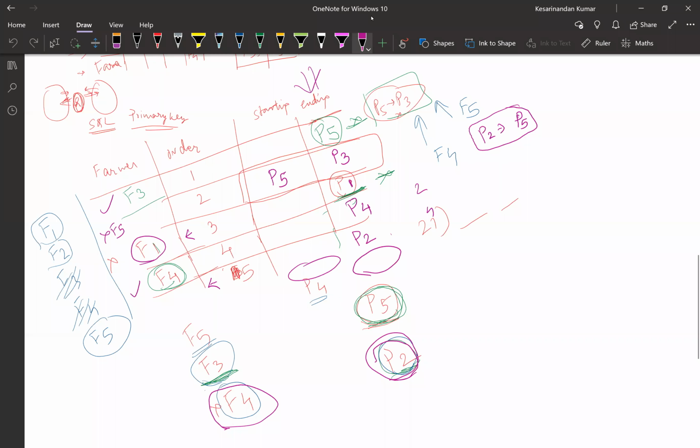P3 to P1 and P5 to P4. And the options remaining were P2 to P5 and P5 to P3. And we had used P5 to P3 as the going one, because P5 cannot be in F3, because it is already the ending point there. So the region left with us was P2 to P5.